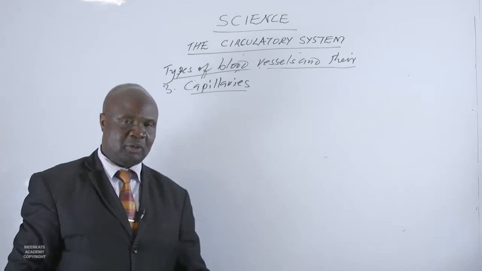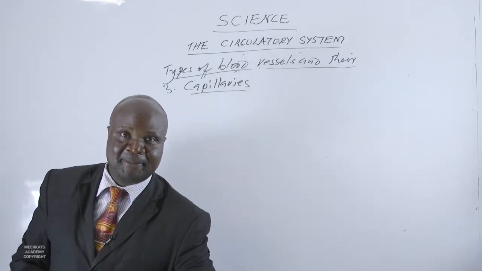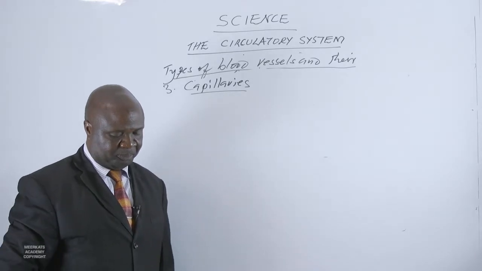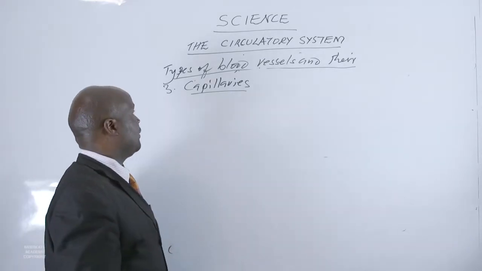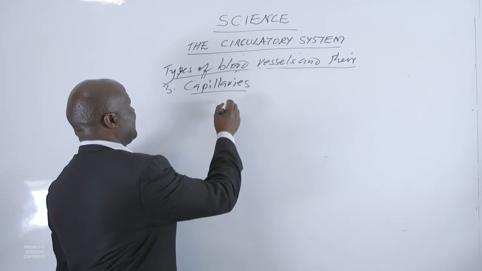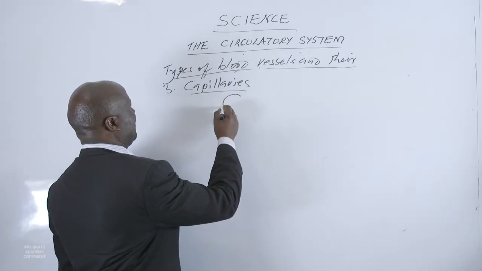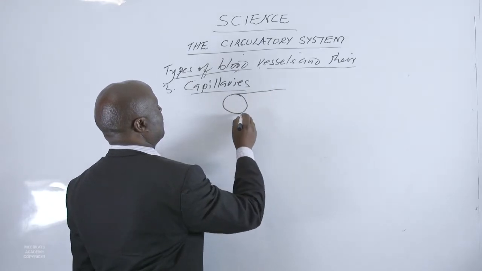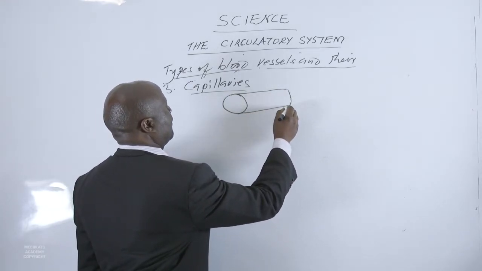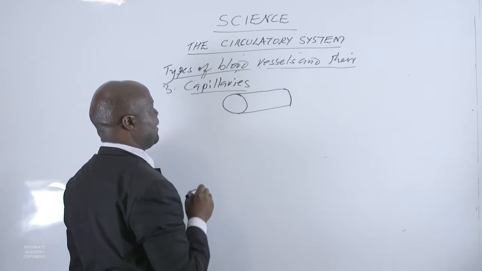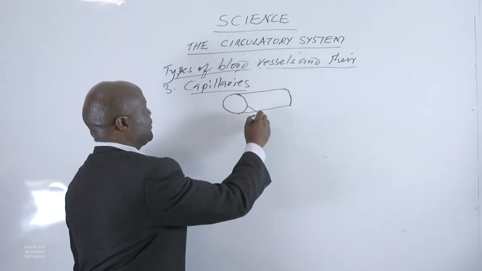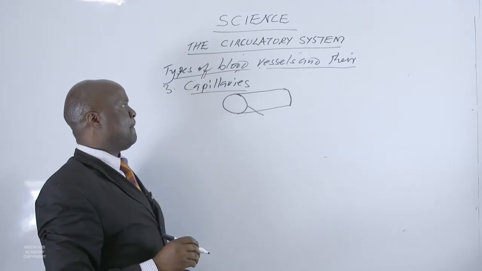We want to see what capillaries are, what their functions are, and so forth. We can have a slight diagram to explain what capillaries are. That is a simple diagram. It can represent a capillary.